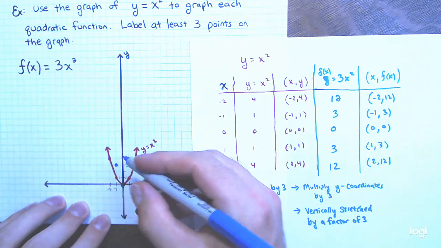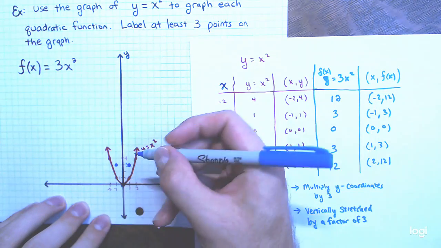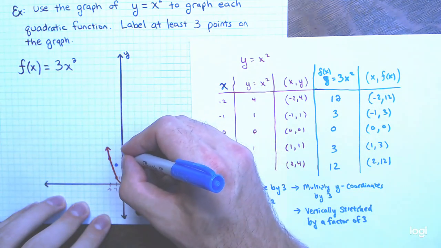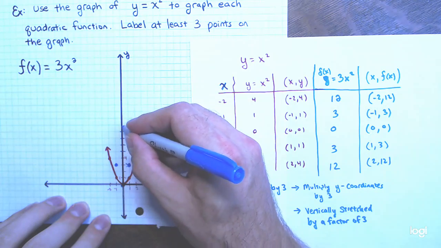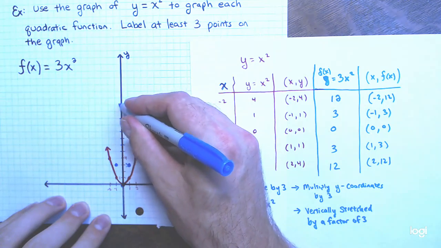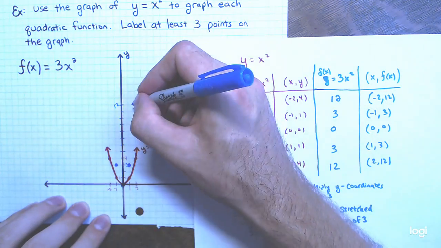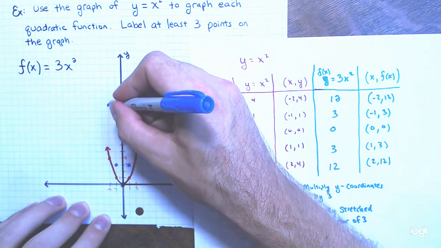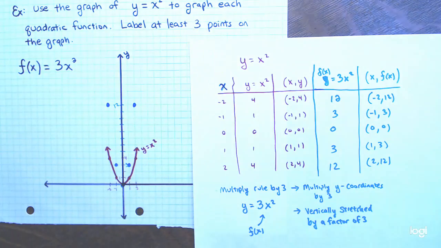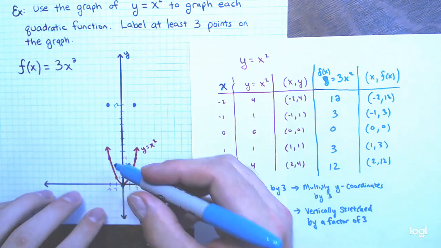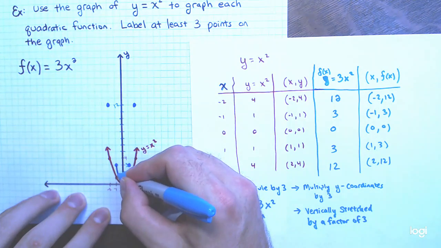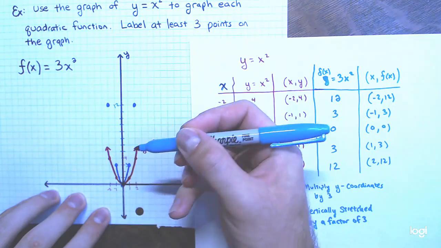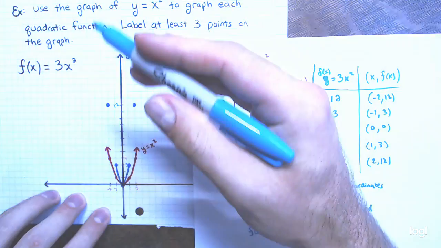You have positive 1, 3, this point here. (2, 12). So 5, 6, 7, 8, 9, 10, 11, 12. (2, 12), this location, and then negative 2 for x, 12 for y, that location. And I'll draw this in this light blue color. Still a parabola though, the nature of the shape of the graph doesn't change, it's just getting stretched out.